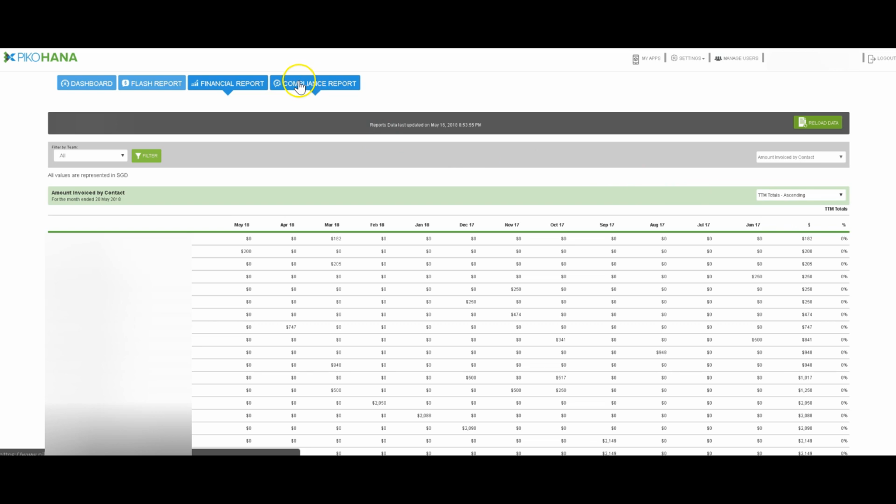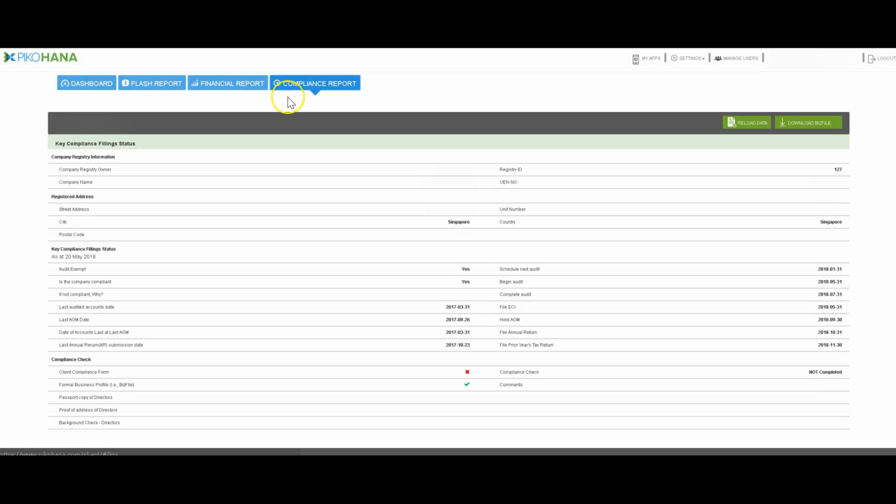Then finally, you have your compliance tab. This compliance information is critical for managing the business and ensuring that you're getting all your tax returns, your regulatory filings, everything is done on a timely basis. So we see here whether or not the client is compliant, both with ACRA here in Singapore in this example, but locally at the company level, wherever your jurisdiction may be.